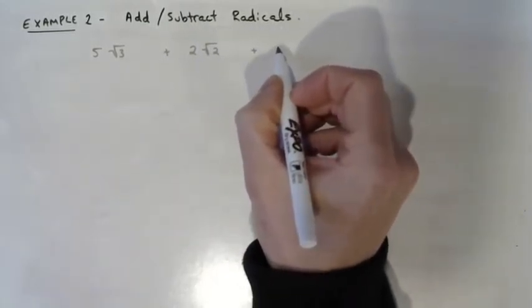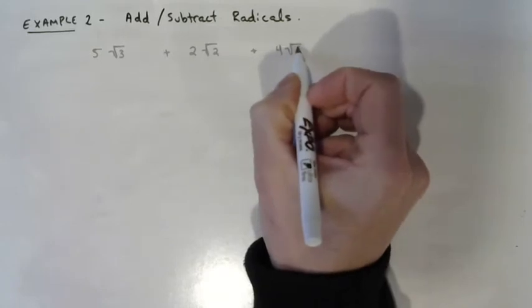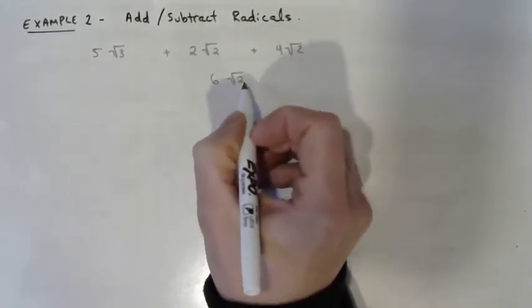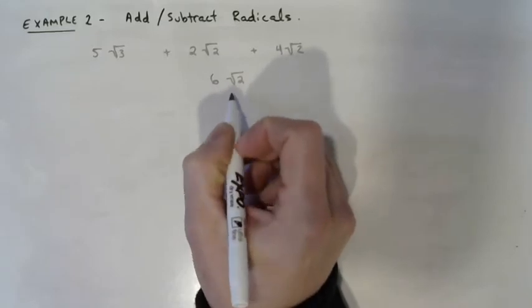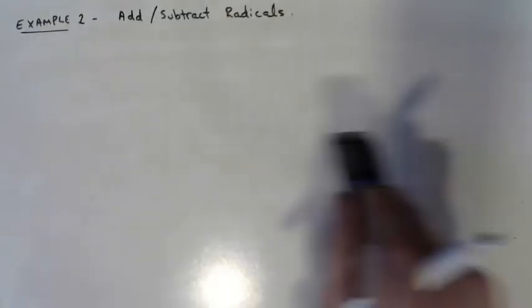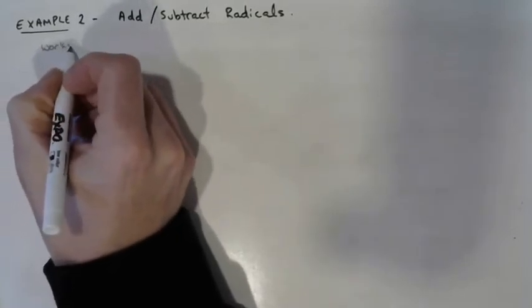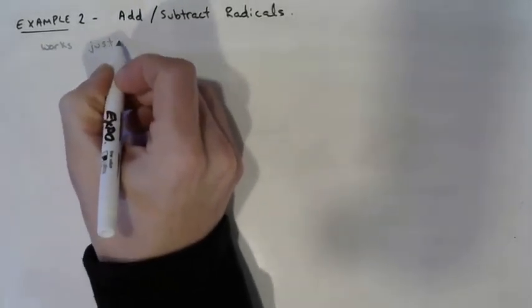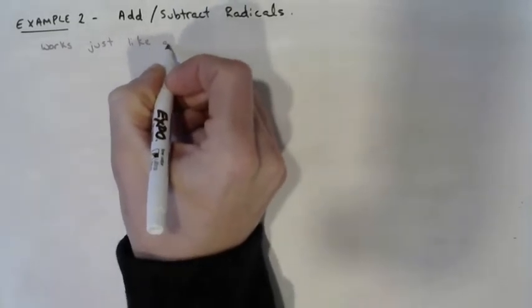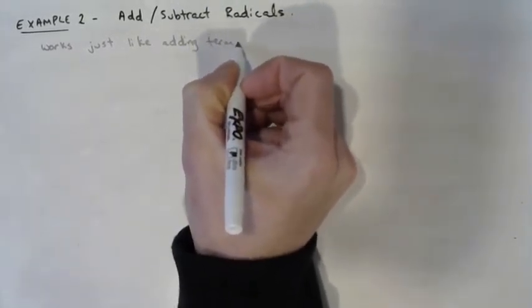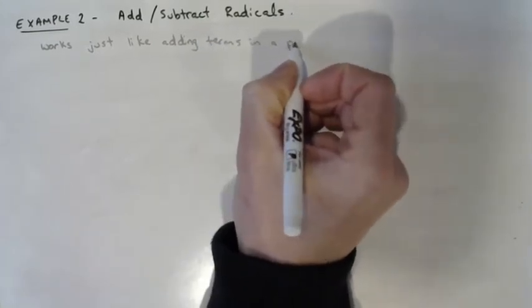But if you had 2 radical 2's and 4 radical 2's, you could add those up. You've got 6 radical 2's, 6 radical 2, okay? So let's take a little note on that and say it works just like adding terms in a polynomial.